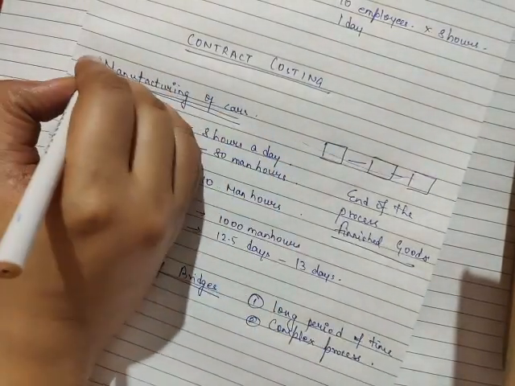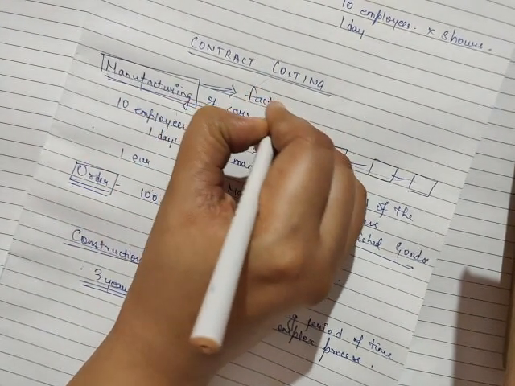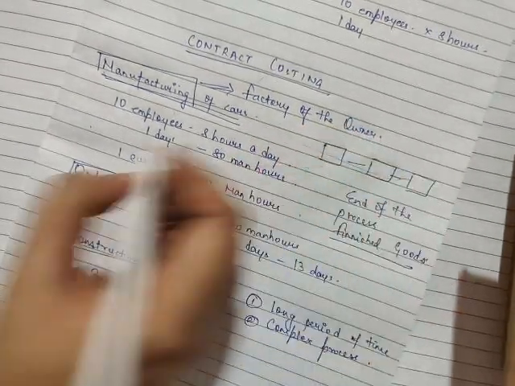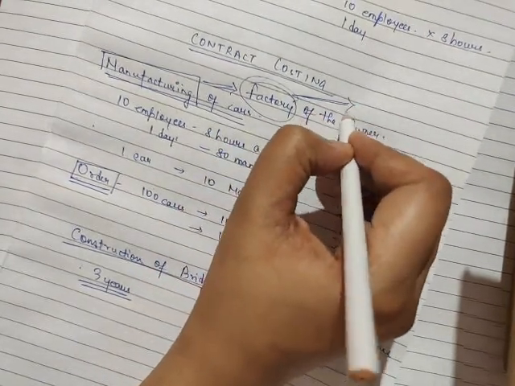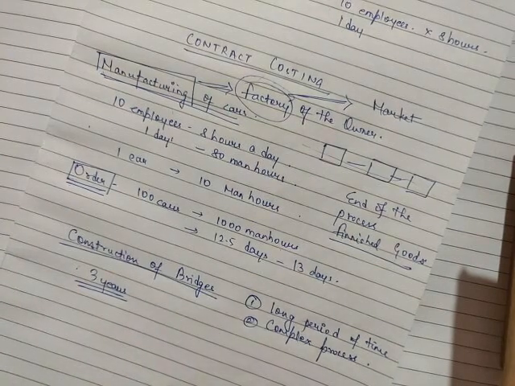Now, this manufacturing process takes place at the factory of the owner. The cars are manufactured in the factory and then sent out to the market for sale to the customers.